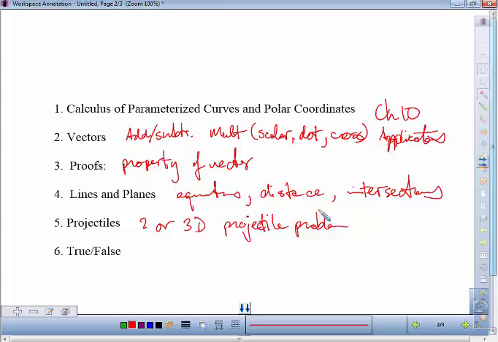Usually these things start off with an acceleration, then you find the velocity and the position and answer some questions about it, like the range or distance or height or speed, whatever else might come up. And then true-false questions. All over. Everything that we've talked about, there are true-false questions that can accompany Chapter 10, Chapter 13, Chapter 12. Oh, this is 12.